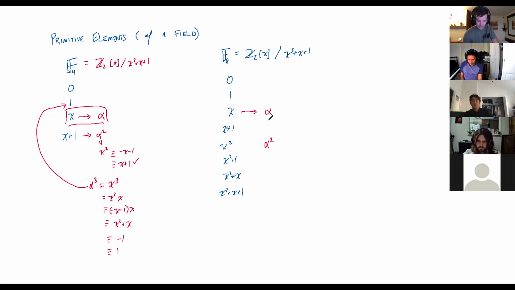The harder one is alpha to the 3. So alpha to the 3 is x to the 3, which is equivalent, according to this mapping, to negative x minus 1, which is equivalent to x plus 1 because we're mod 2 in the integers.